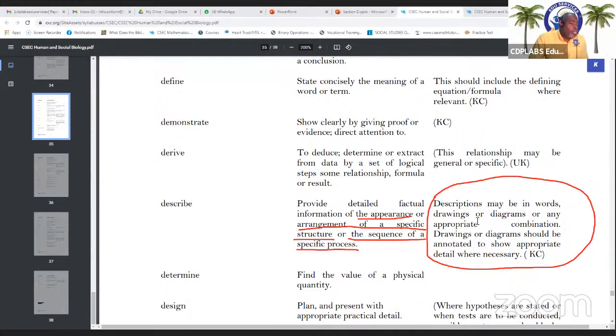Now, drawings or diagrams should be annotated to show appropriate detail where necessary. So even if you're drawing something, I showed an example earlier of an annotated drawing. That was the picture with the young man and the food.